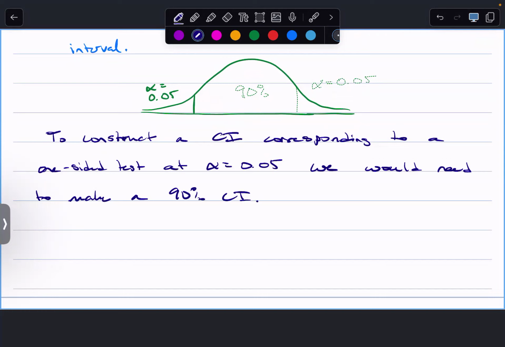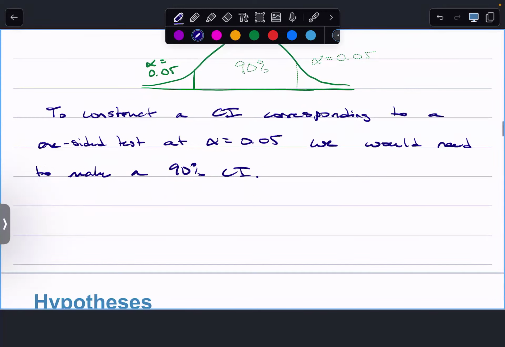It's not terribly important, but there's the off chance that if you made a 95% confidence interval, right, then your conclusion might differ from what the one-sided test does. And so that's why I bring that up. But it's not something that I'm going to test you on, but it's just nice to know.